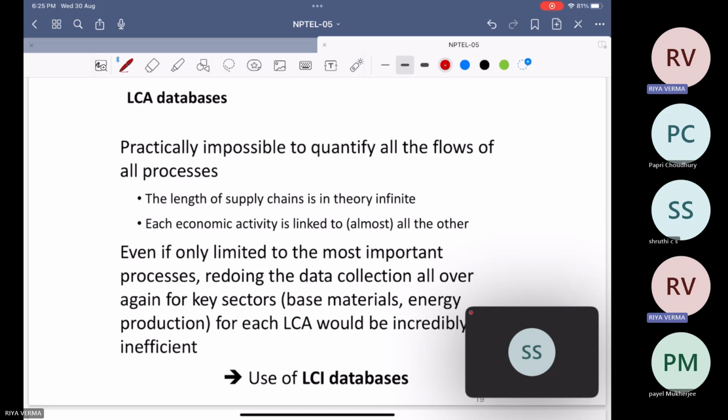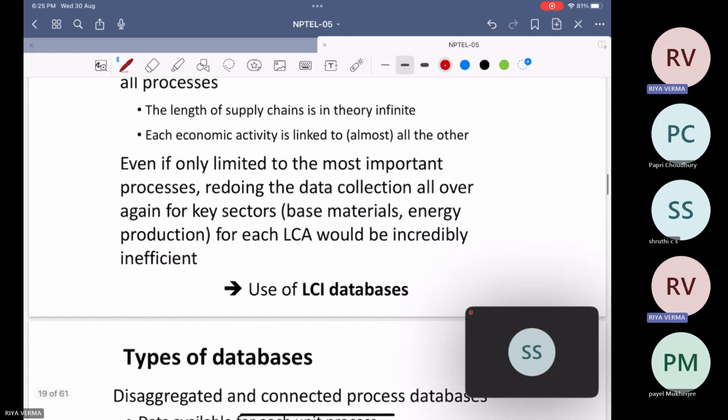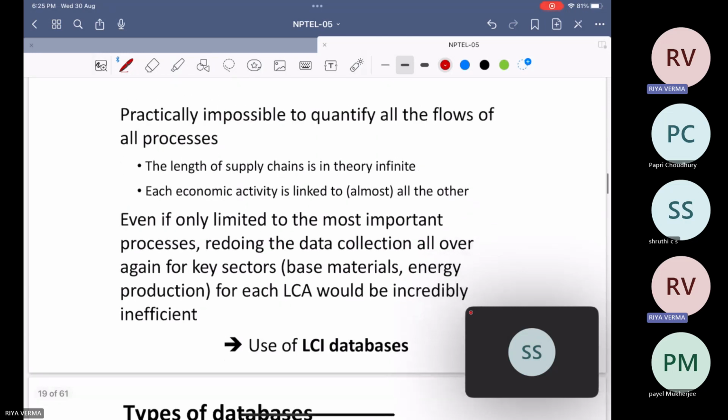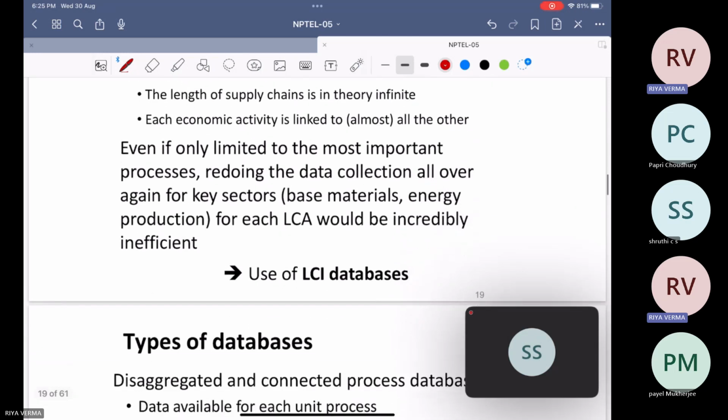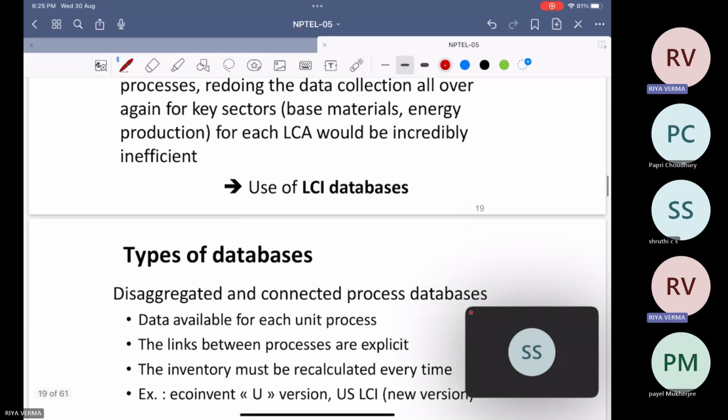The length of the supply chain is in theory infinite, and each economic activity is linked to almost all the others. So it is very difficult to quantify all the flows of the processes. That is why we need to have LCI databases.